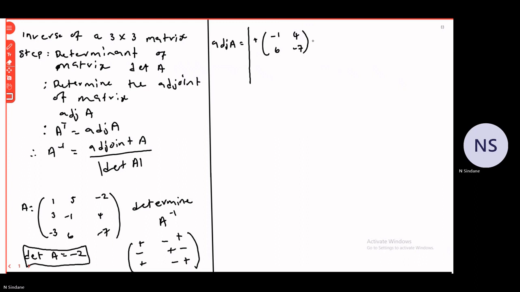So we have minus, this is out, I have 3, minus 3, minus 2, 4, and minus 7, plus into, this is out, I have 3, minus 3, minus 1 and 6.